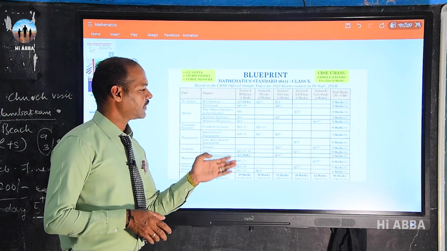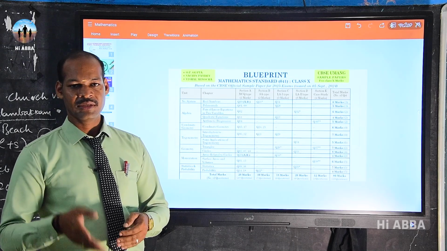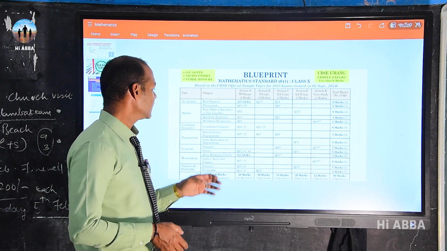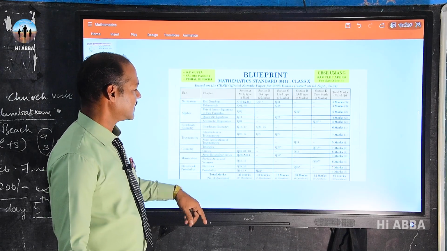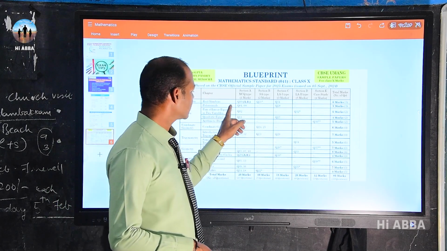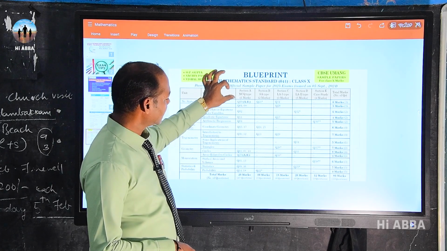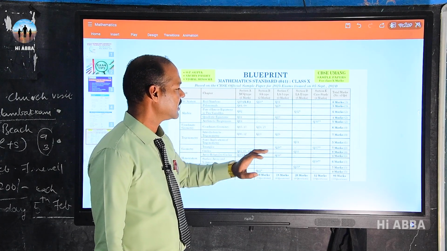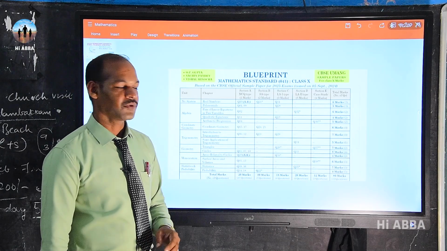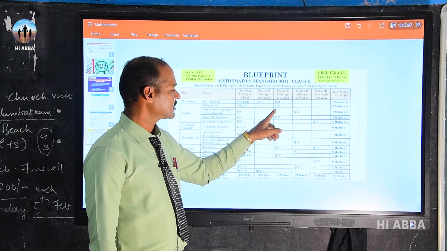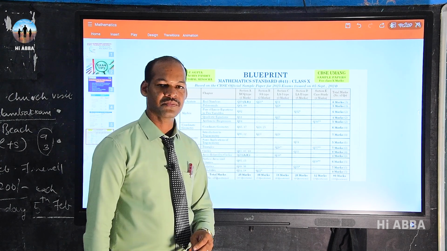Blueprint, based on this year's sample paper, chapter wise. Number system has totally 6 marks: one 1-mark, one 2-mark and one 3-mark question, with no 5-mark or 4-mark question. Polynomials: one 1-mark and one 3-mark question, totally 5 marks.